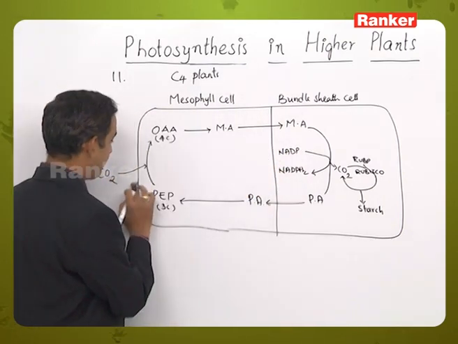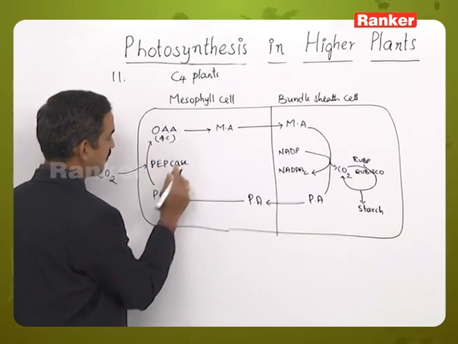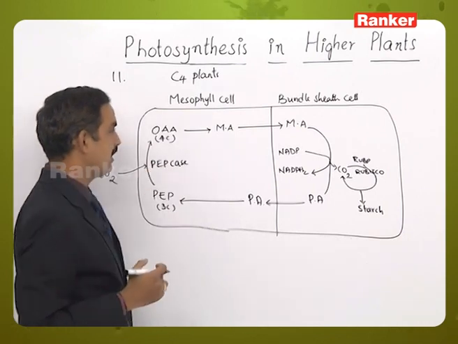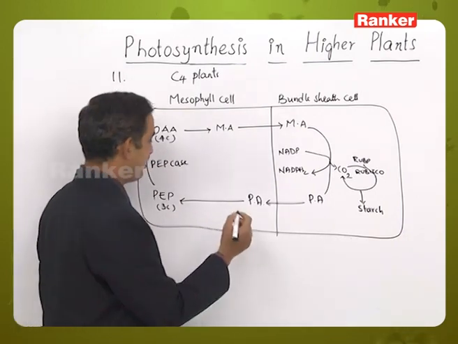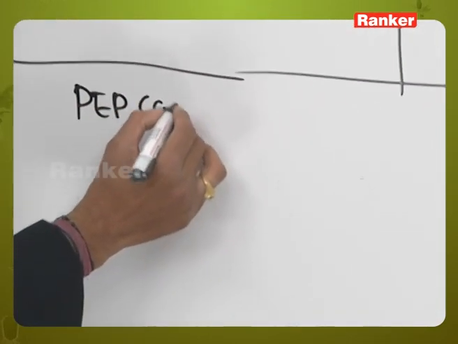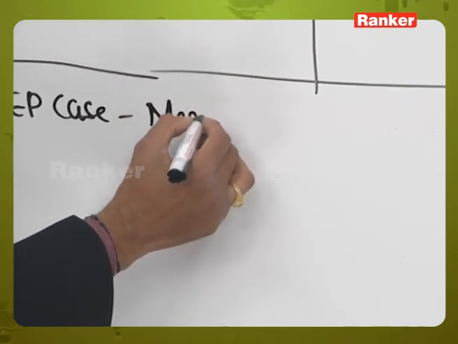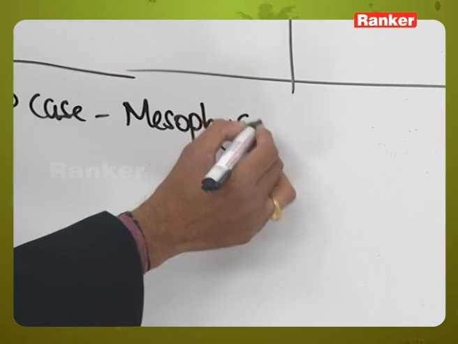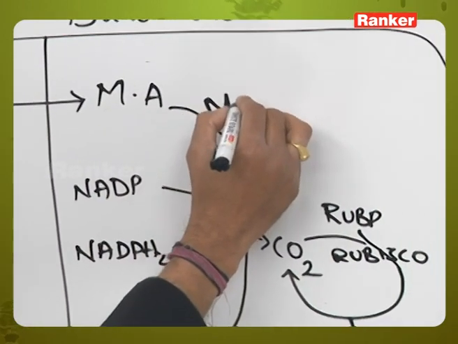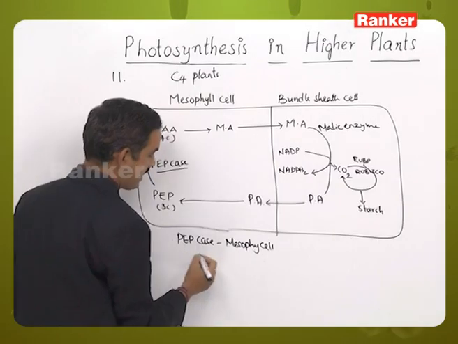For the first step, PEPcase is the enzyme required, where carbon dioxide is accepted by PEP to convert into oxaloacetic acid, and this occurs in the mesophyll cell chloroplast. Malic enzyme is required here, which is in the bundle sheath cells.